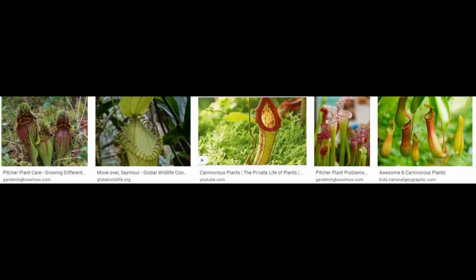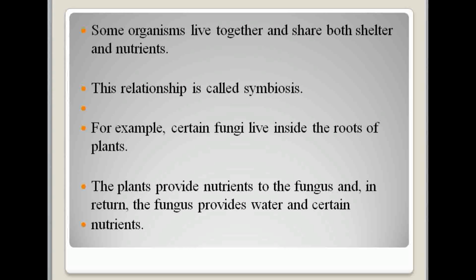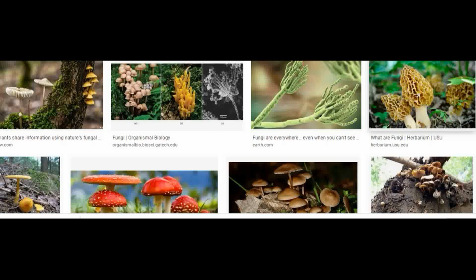Some organisms live together and share both shelter and nutrients. This relationship is called symbiosis. For example, certain fungi live inside the roots of plants. The plants provide nutrients to the fungus, and in return, the fungus provides water and certain nutrients.